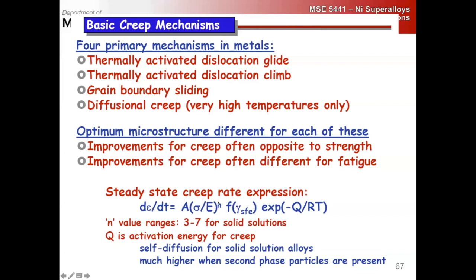For superalloys, this stress exponent can be as high as 20 for different mechanisms at work, right? And this all has to do with the activation energy and the activation volume of the different processes.